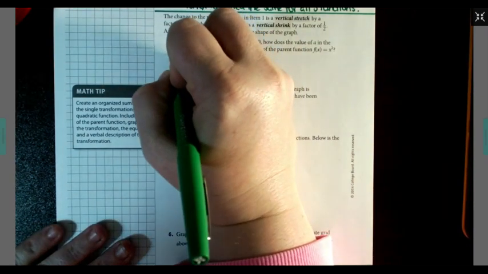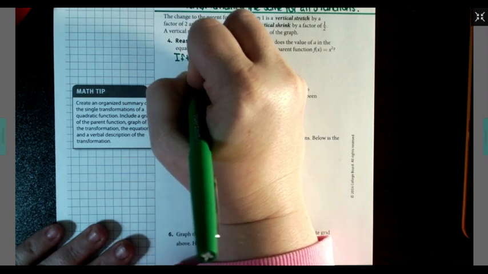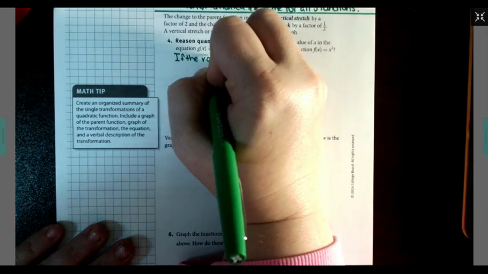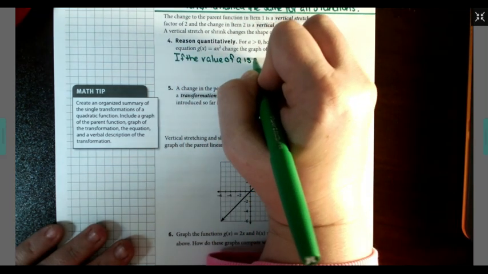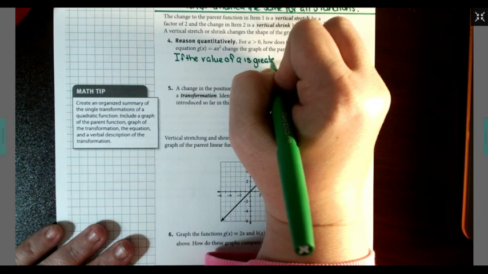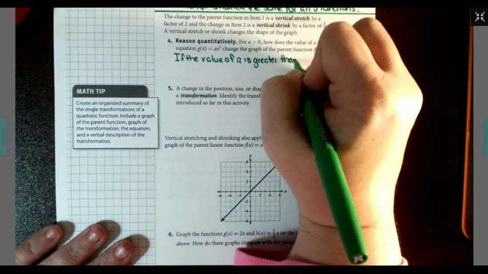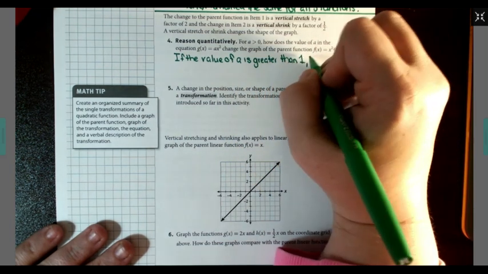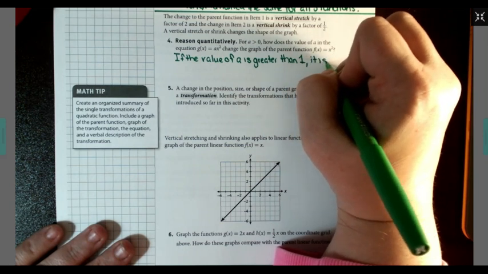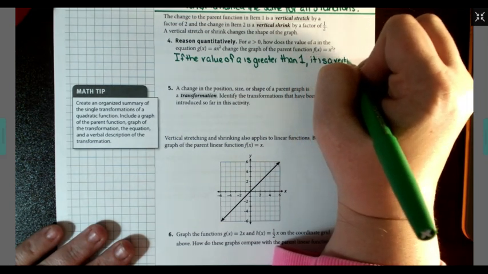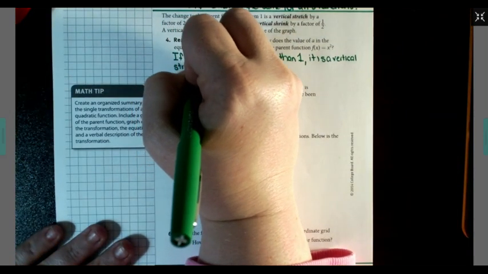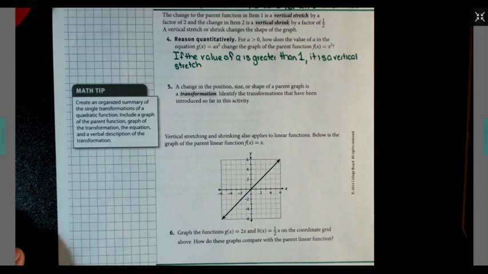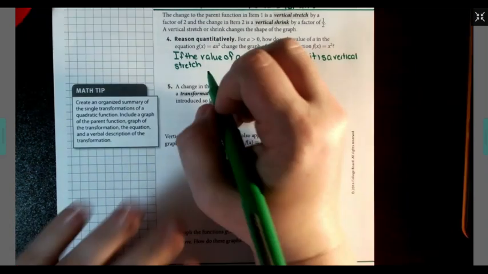Well, if the value of a is greater than 1, it is a vertical stretch by that factor.